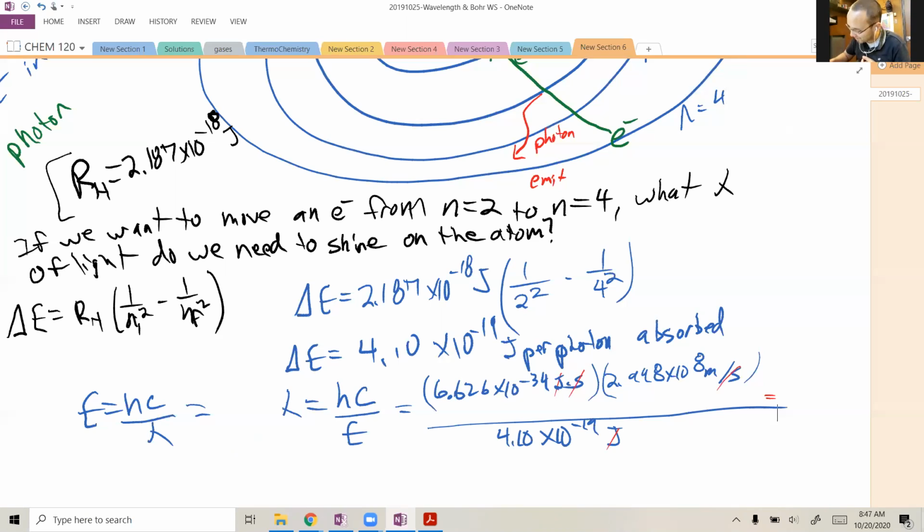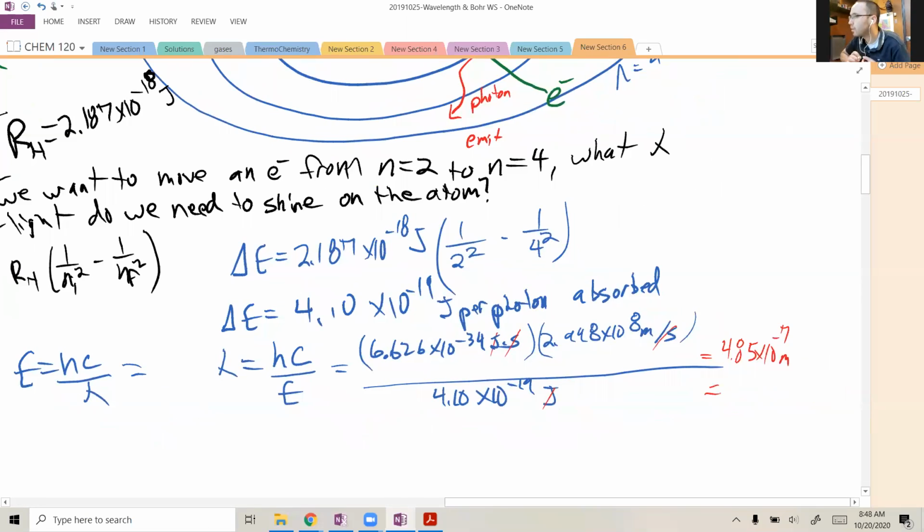We included our units this time. We're getting better at this. That's good. So we have 4.85 times 10 to the negative 7 meters. And if we wanted to change that into nanometers, what would that be? 485 nanometers or 484.5 nanometers, either one, right? Both of those would work.